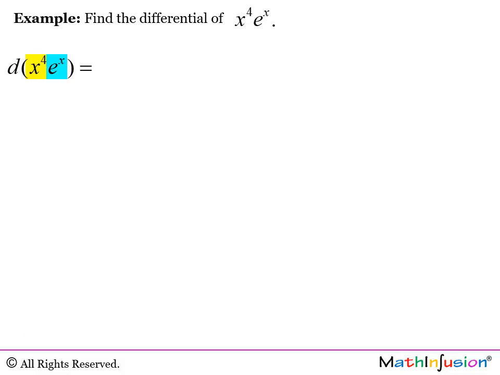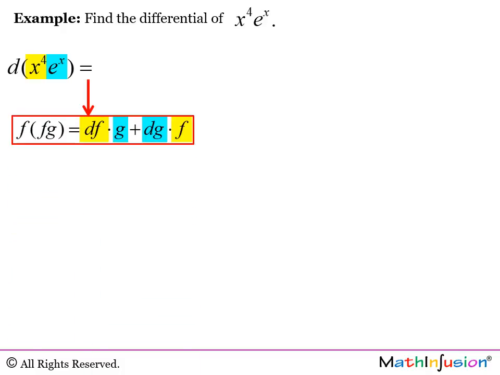Example: find the differential of x to the 4 times e to the x. We are going to use the product rule for differentials, which is exactly the same product rule as for functions. Instead of differentiating the first times the second, we take the differential of the first times the second, and everything else is the same. So let's do that.